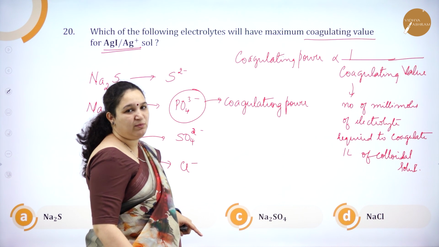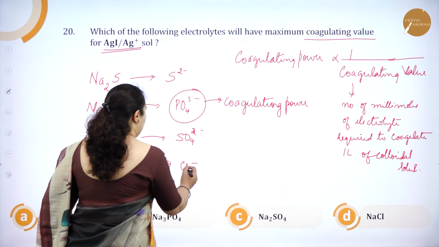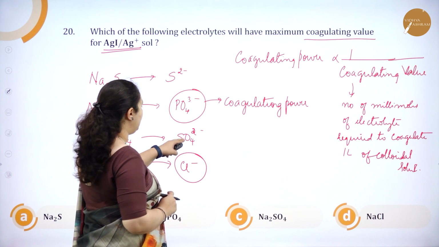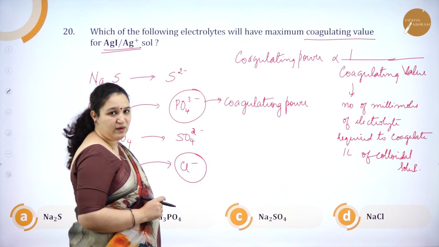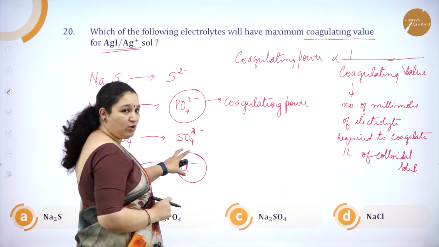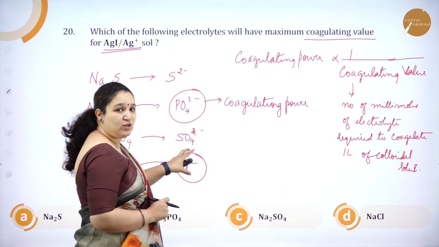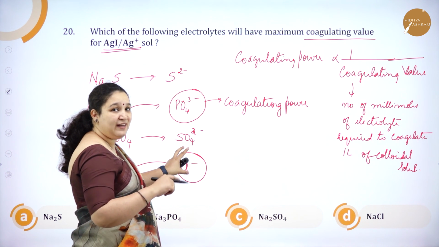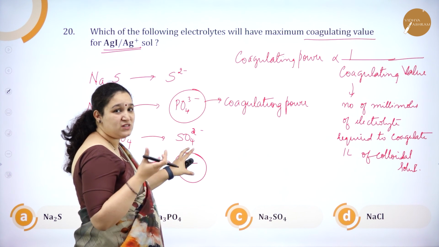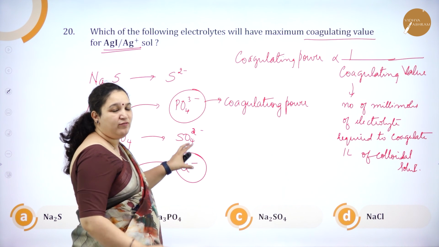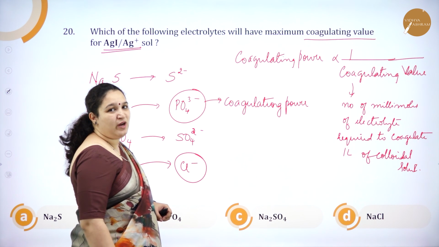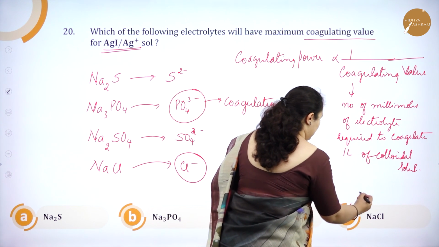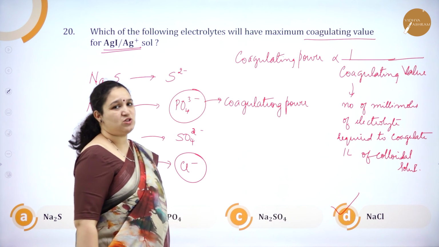That means you should have minimum coagulating power. So it is chloride. It has only one charge, compared to 2-, 2-, 3-, only 1-. So more amount of NaCl will be required. So the coagulating power will be less for this, but coagulating value will be more because more quantity of NaCl is required to coagulate a positive sol. So the answer is NaCl. So I hope you have understood this concept.